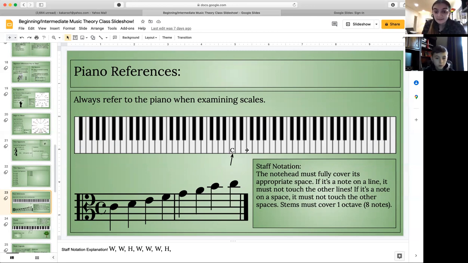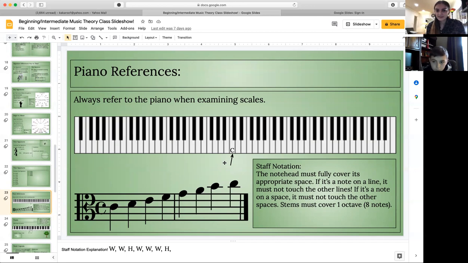So in treble clef, everything's mostly up here. In bass clef, everything's mostly down here. And then they meet in the middle, and alto clef is normally between. So just like in the violin section and the cello section in an orchestra, alto is mixing them or bringing them together.